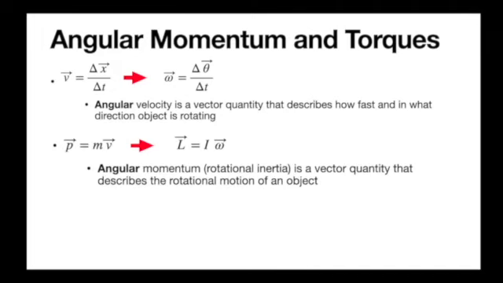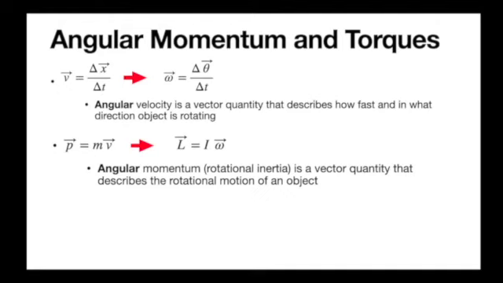Momentum was my velocity times my mass. Angular momentum is my angular velocity times, we can use the word angular mass, but we call it rotational inertia. Rotational inertia, moment of inertia, but this I. And it's basically our rotational mass. Mass is how hard it is to change something's momentum, how hard is it to stop it, how hard is it to push it.